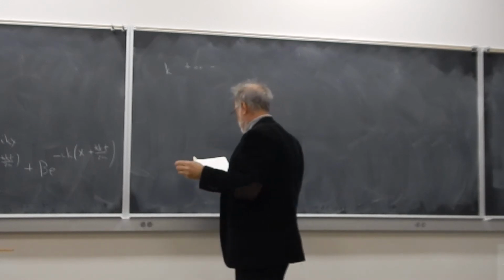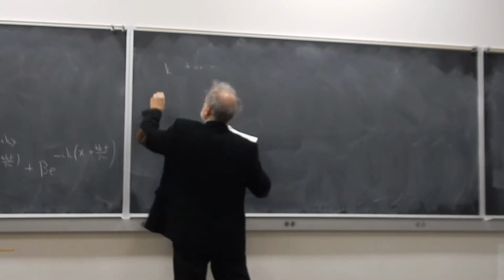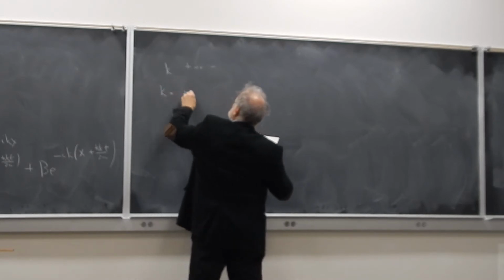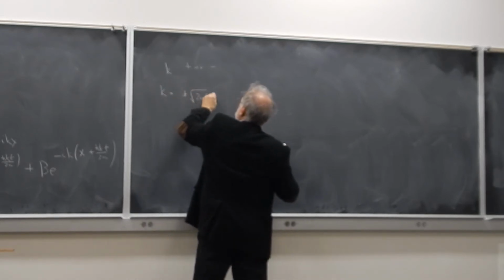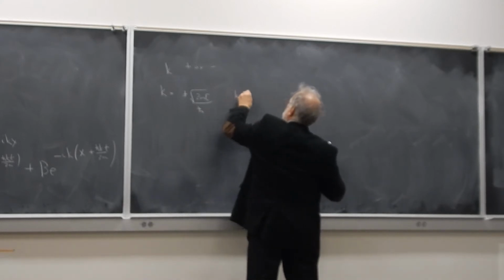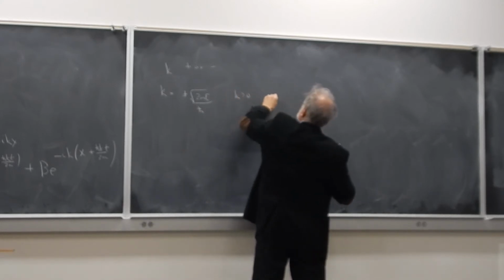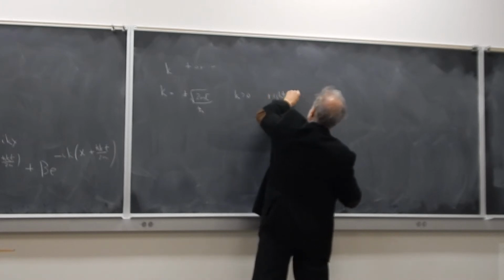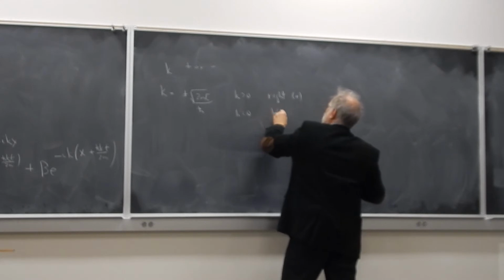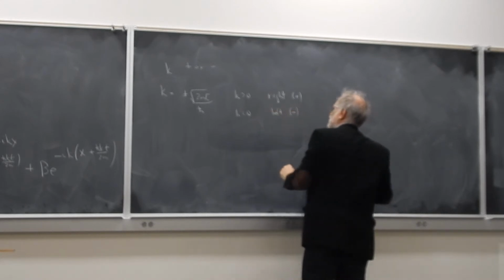That'll make it a little bit simpler. So I'm going to let k be equal to plus or minus the square root of 2mE over h bar. And when k is greater than 0, the wave travels to the right, or in the plus direction. When k is less than 0, the wave will travel to the left, or in the minus x direction.